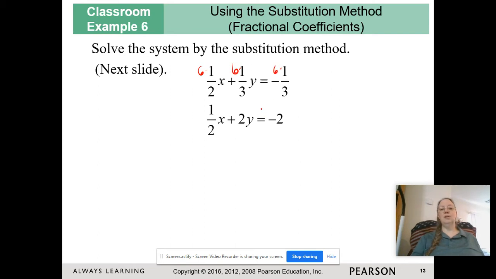It's really important that you know how to do this right here to eliminate the fractions. And this one, I'm going to multiply by 2. So now I have, remember, divide by the bottom, multiply the top.